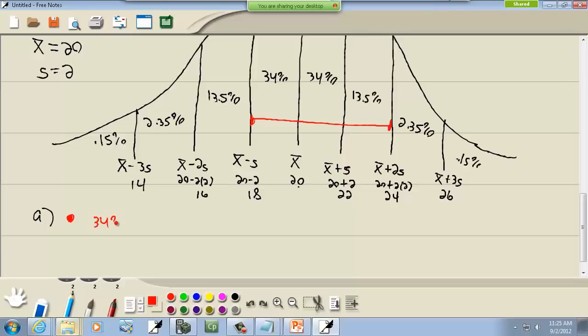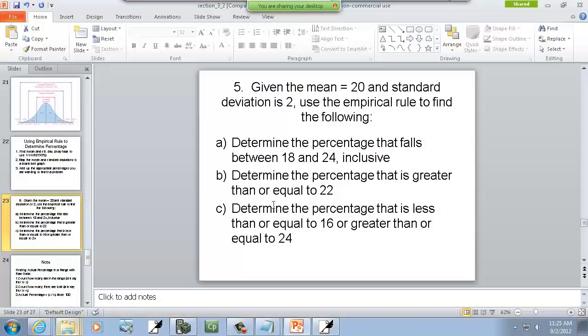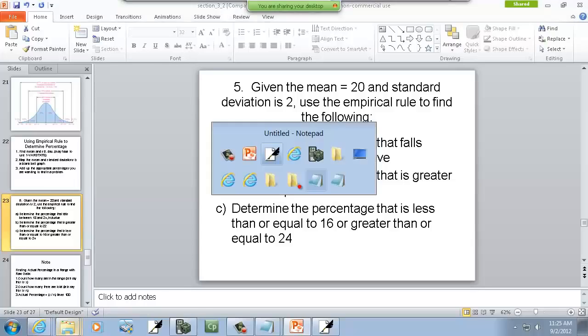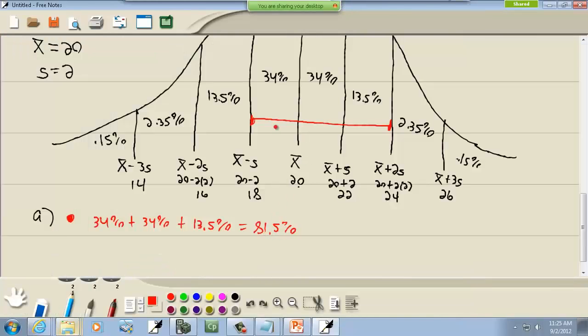So I got 34% plus 34% plus 13.5%. And so I don't make a math error, let me plug this in. Let's see, 34 plus 34 plus 13.5. That gives me 81.5%. So it says determine the percentage that falls between that. Well, 81.5% falls between those.